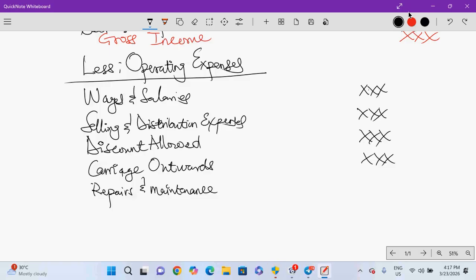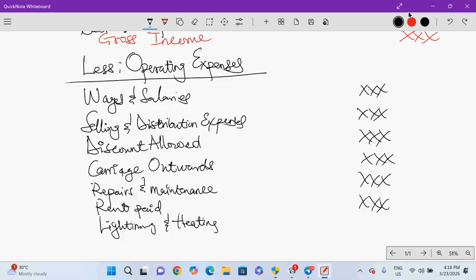What else? Rent. So that means it should be rent paid. What else? General expenses, bad debt. Lighting and heating.